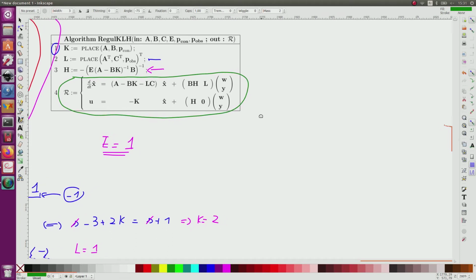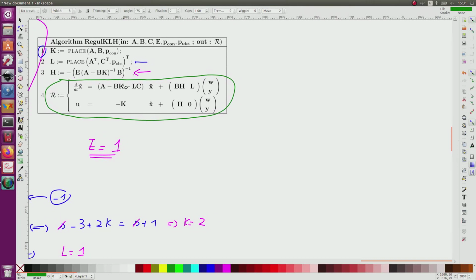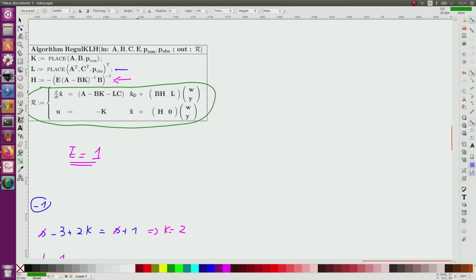Okay, so now I know the values for L and for K, and x hat is also scalar, and the controller is given by the following state equation. So x hat dot is equal to A minus BK minus LC.